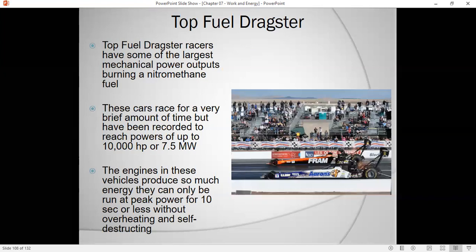They basically produce an incredible amount of power, but they can only operate for a short period of time because the amount of excess heat that they produce will actually melt the engine if it's kept on too long. So 10,000 horsepower, about 7.5 megawatts for only a brief amount of time is the maximum power for these top fuel dragsters.